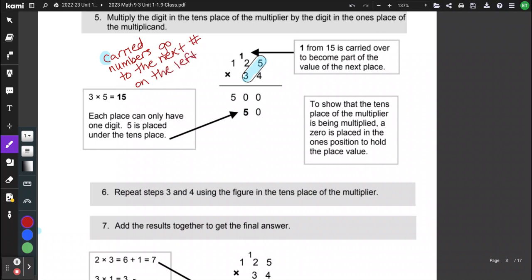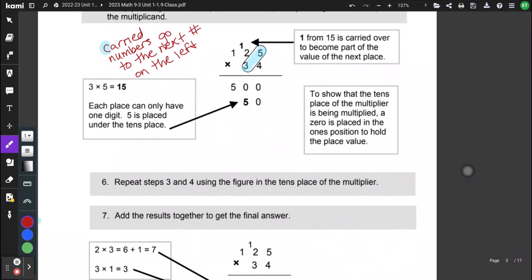So that's why, for example, in this question, they're going to put the 1 on the 2 and carry it with the 2. They're not going to put the 1 with the 1. They're not going to skip a number and put it over here. They put it on the very next number on the left side. So that's how you have to remember to carry your numbers. When you carry them, they move to the left, the very next number.